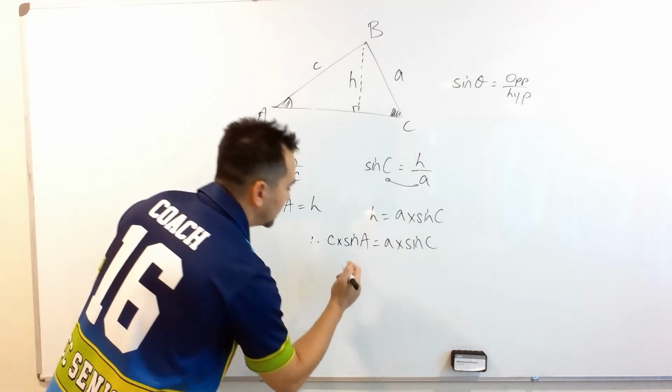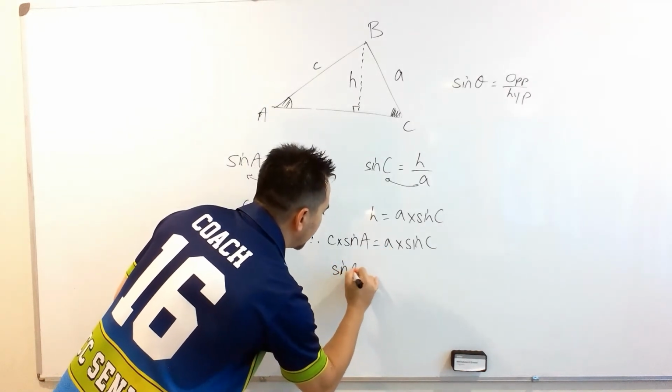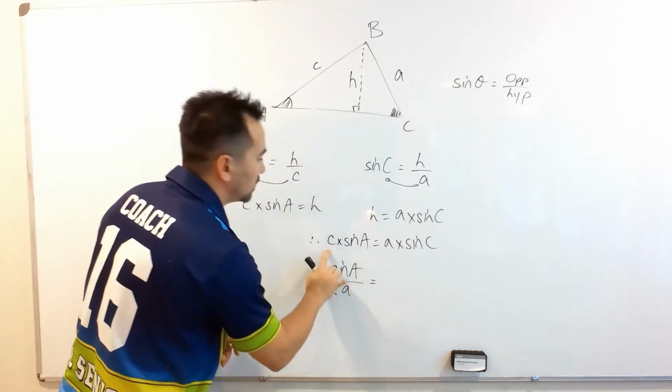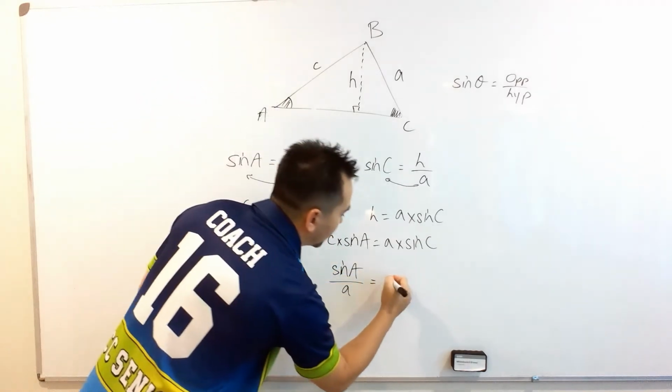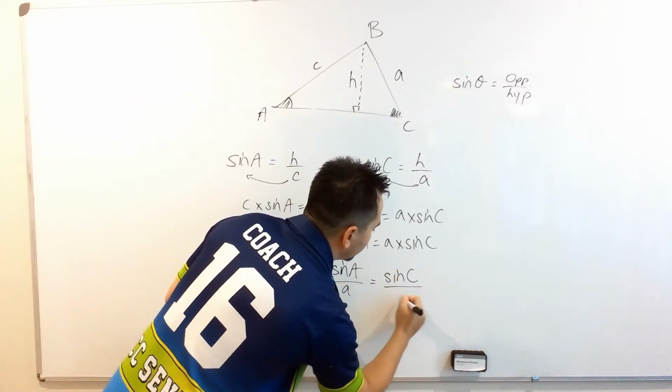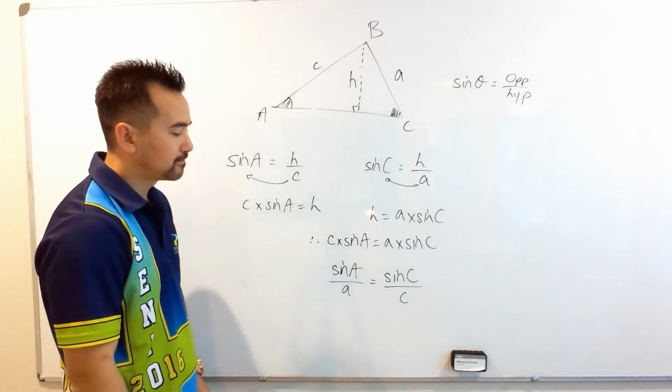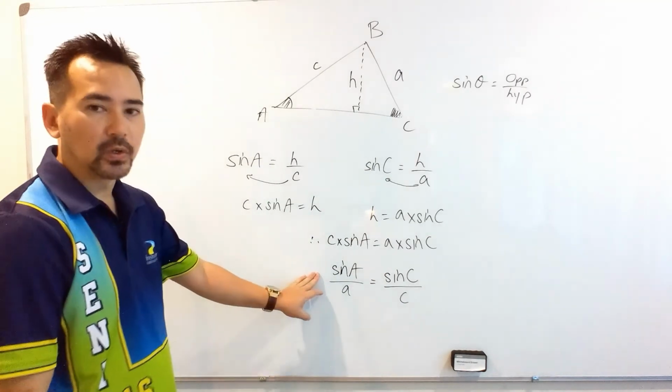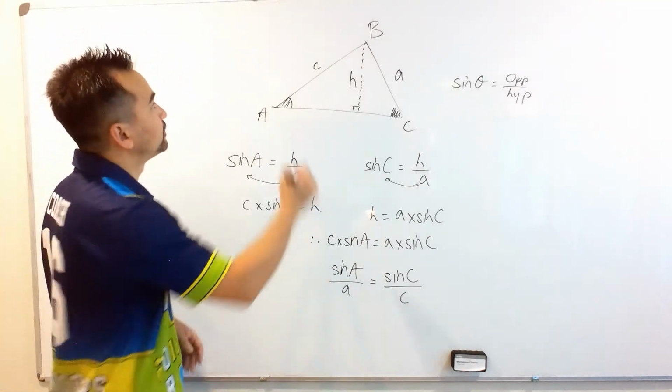So if I move this a down, I get sine A over a is equal to, moving the c down here, sine C over c. And this is what we call the sine rule.